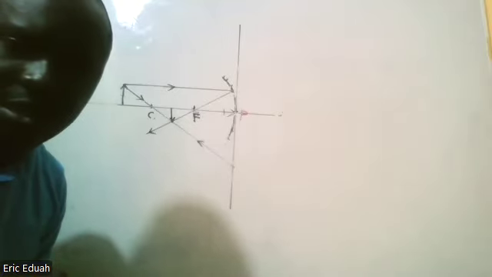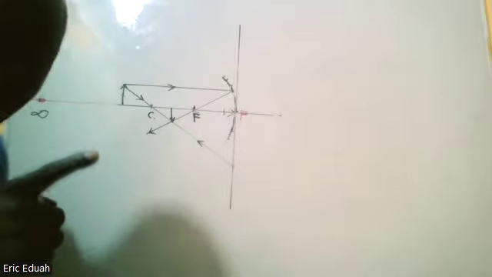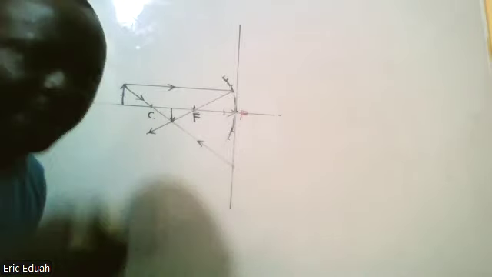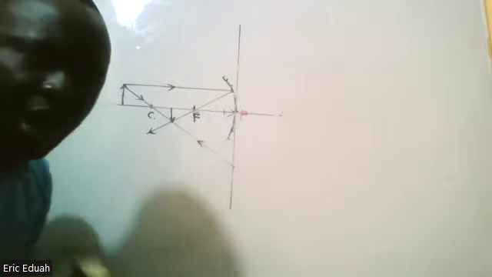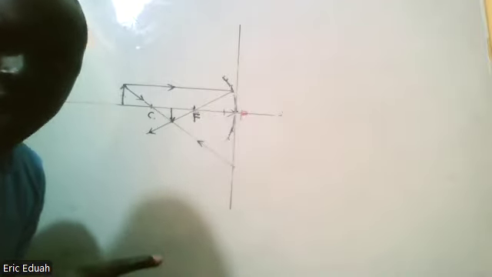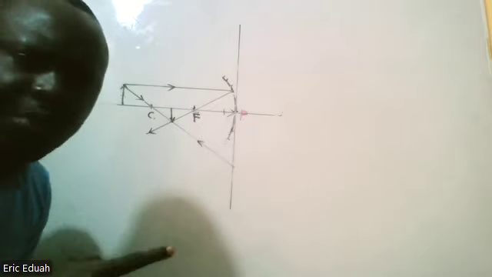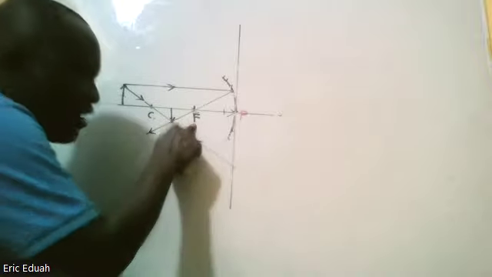It is between F and P. So take note of this. All other positions along the principal axis would give you a real image, apart from the place between F and P. So this is the only situation where a virtual image can be formed by a concave mirror. Take note.